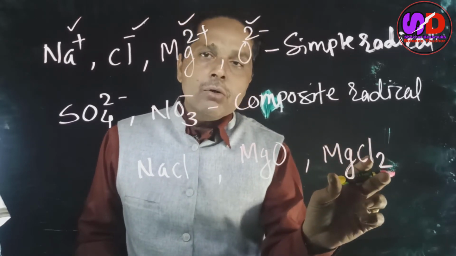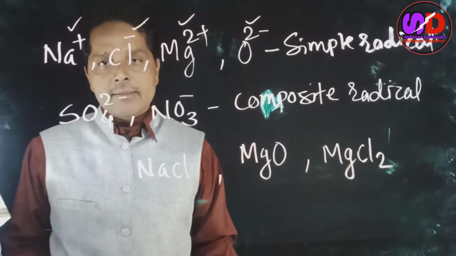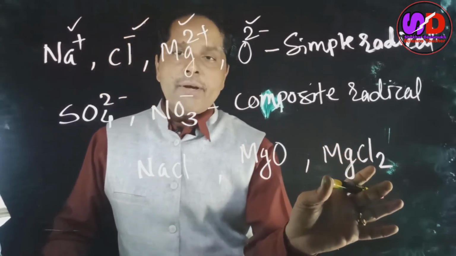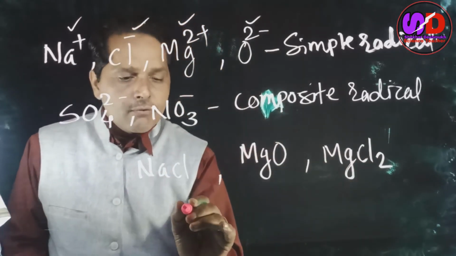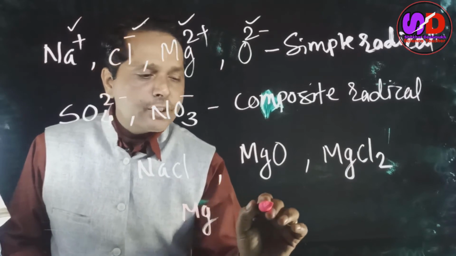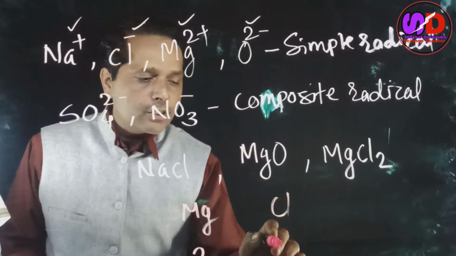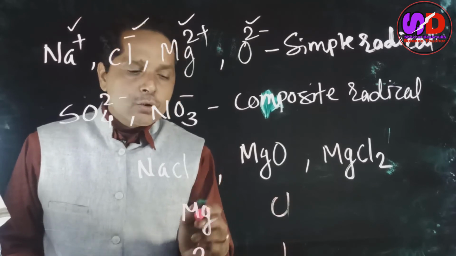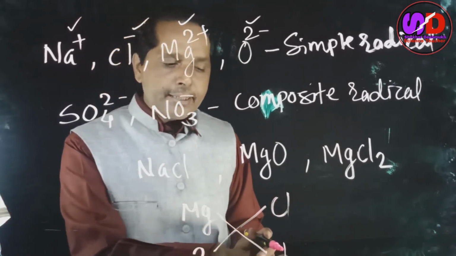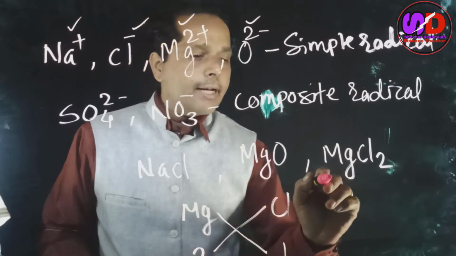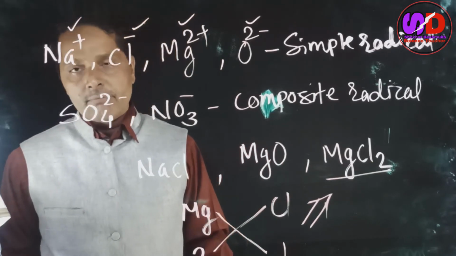We can find this out by cross multiplication of valencies. Let us take the example of MgCl2. We know the valencies of magnesium and chlorine. Valency of magnesium is 2, chlorine is 1. Just cross multiply it. So we have magnesium 1, chlorine 2, and therefore magnesium chloride MgCl2 is formed.